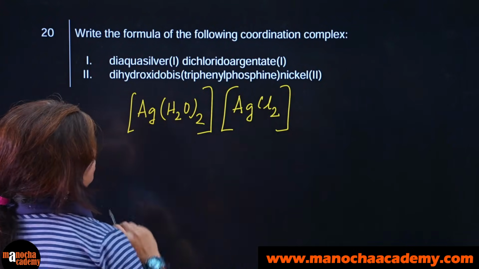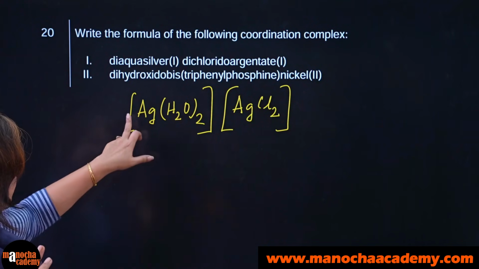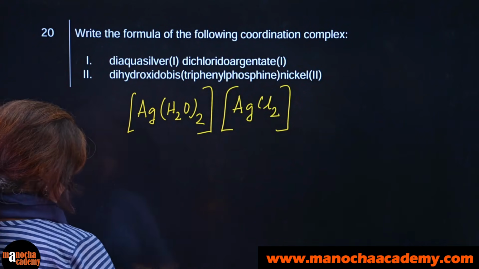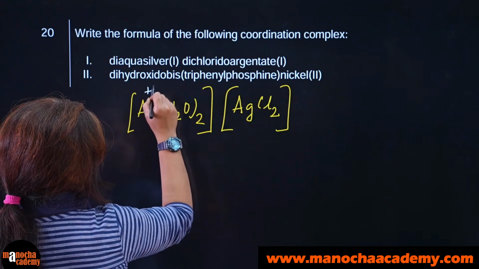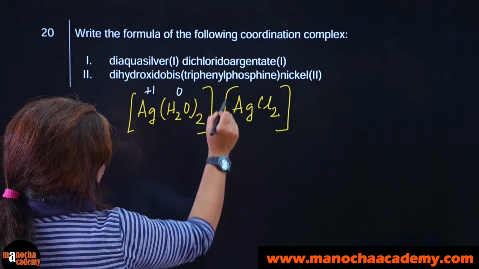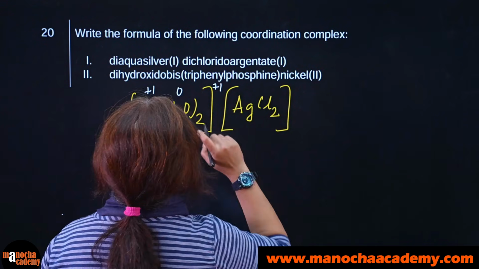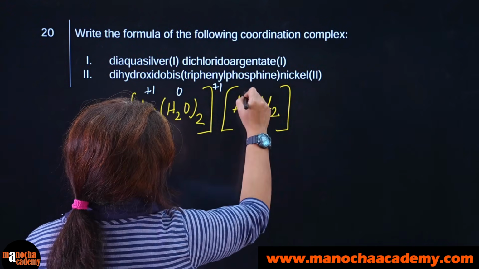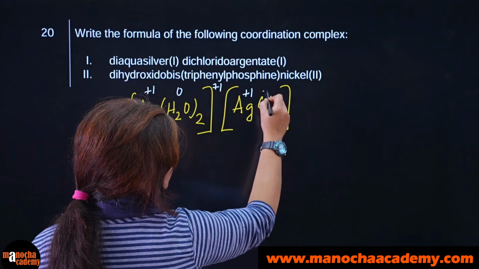Now you can check the charges. Here it is told silver 1, so silver 1 means it is +1, and water is 0. So the total coordination sphere charge should be +1 here. Here also it is silver 1 and chloride is -1. So 2 are there, -2.